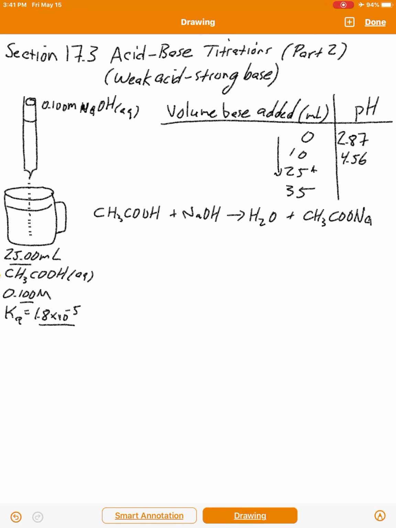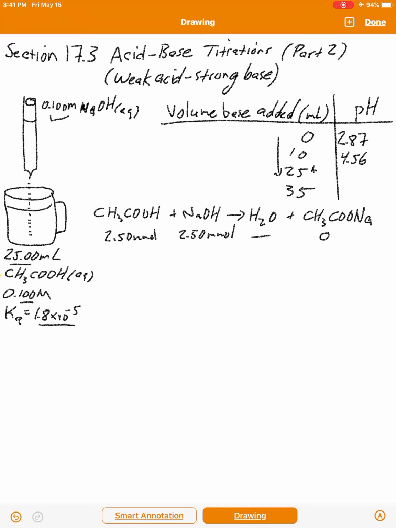Okay, we knew this was 2.5 millimoles. This was 0. And now it's 25 milliliters of sodium hydroxide, and the concentration is 0.1 molar. So 25 times 0.1 is 2.5. So it's 2.5 millimoles. Now notice we're now at the equivalence point.